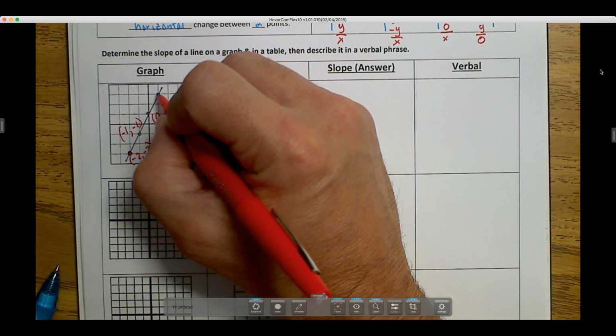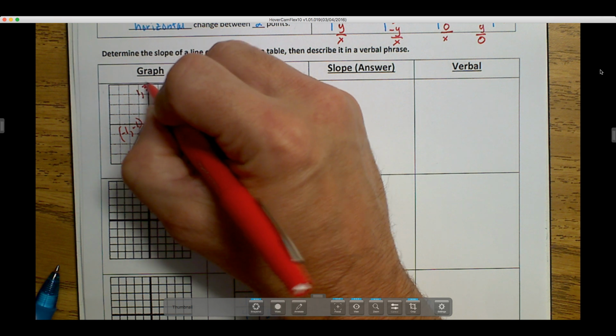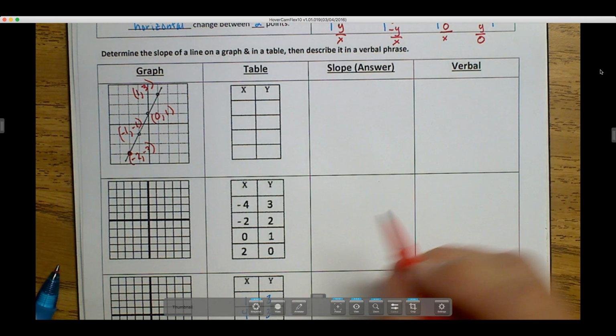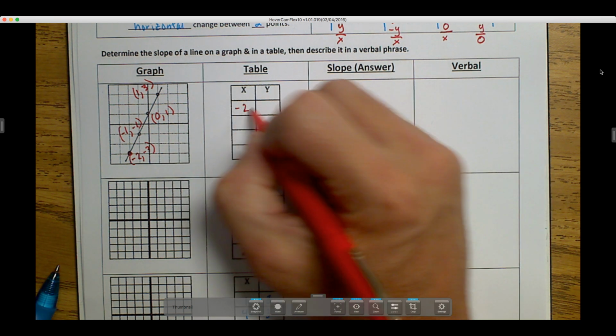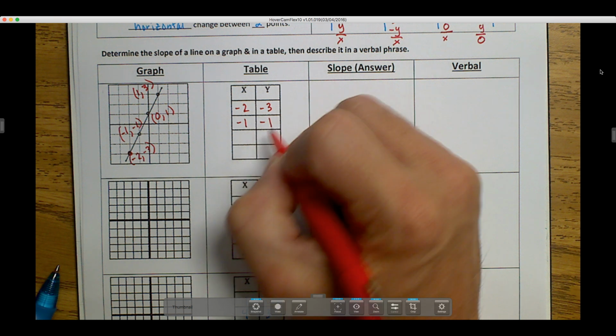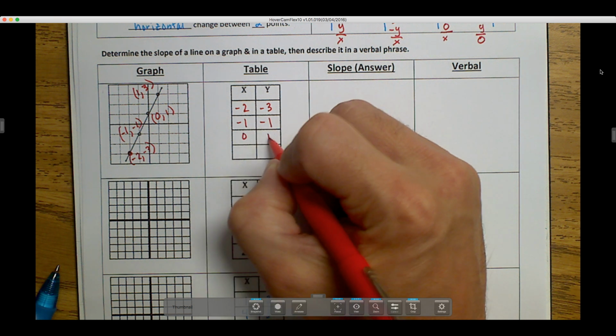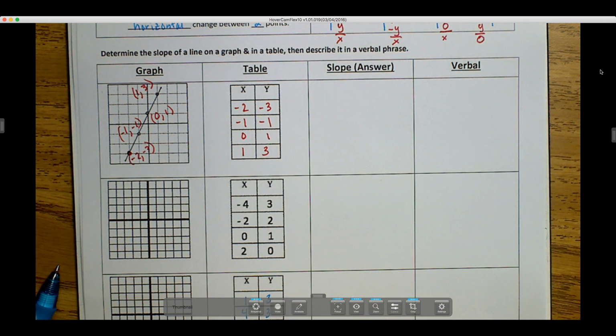And the fourth point would be +1, +3. And what we could do is we could put these in our table. So -2, -3, then -1, -1, then 0, 1, then 1, 3. And now we can operate in both directions, or both two different ways.